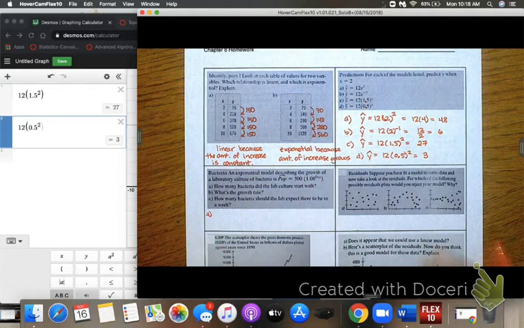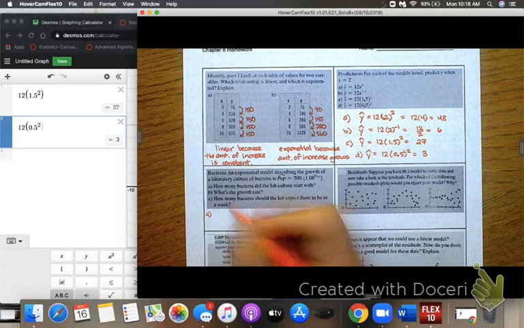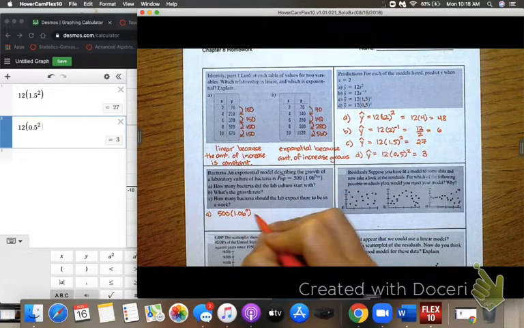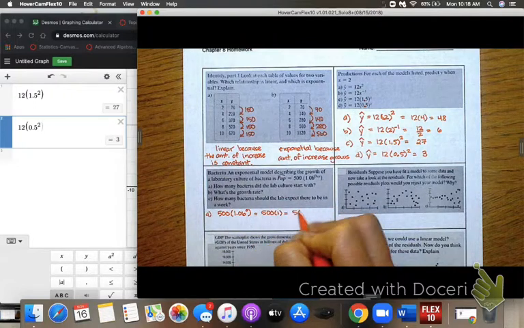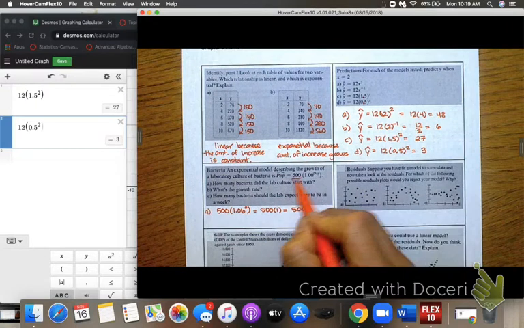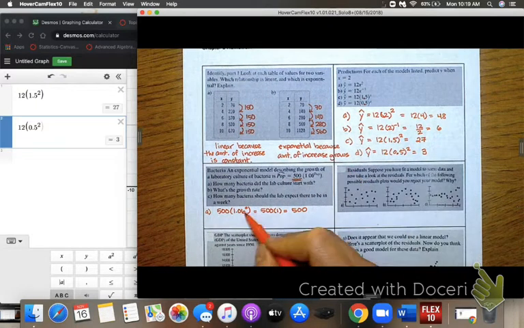So when we raise this to the 0 power, we get 500 times 1.06 to the 0 power. Anything to the 0 power is 1, so this is really 500 times 1, so they started with 500 bacteria. This number right here actually tells us the starting point, because in the beginning we were at 0 days.